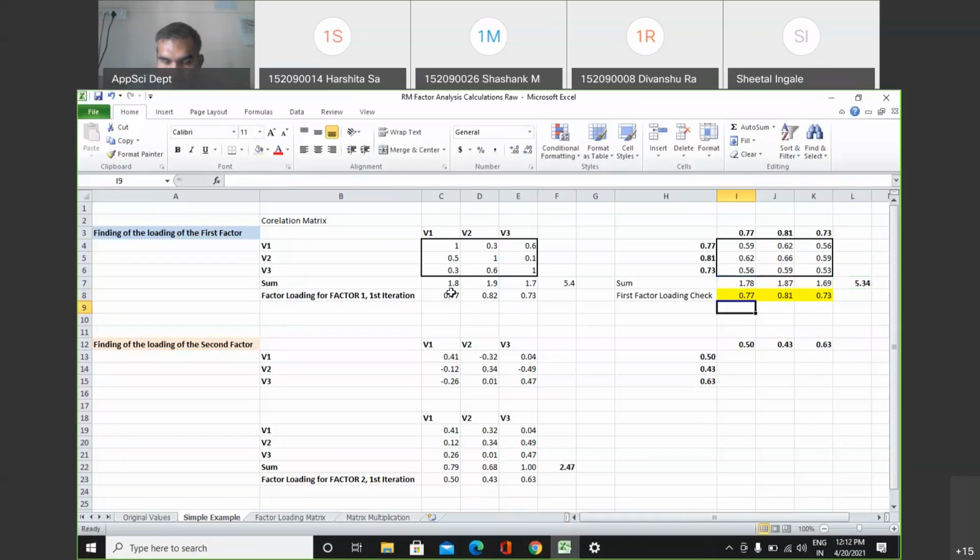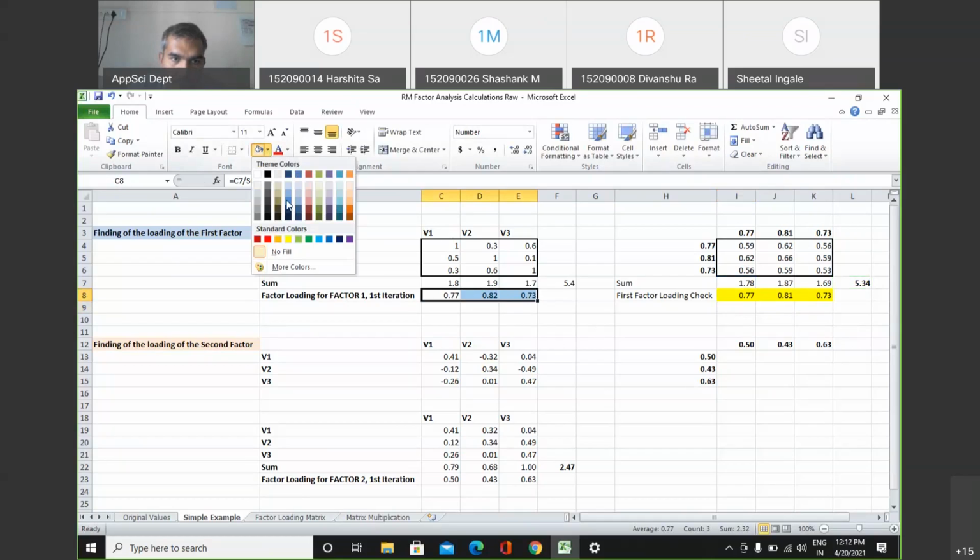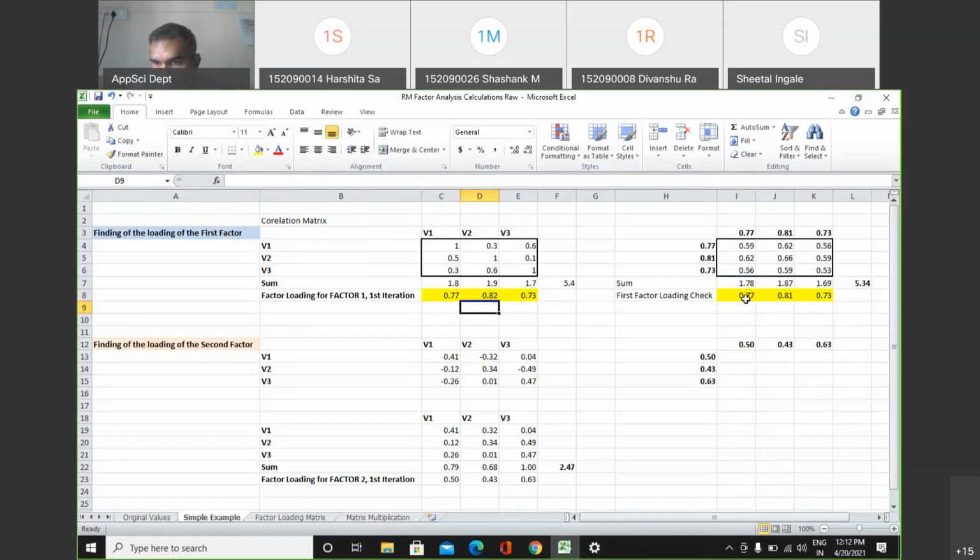So here we can see these values and the values here match. Then we say that we have got a factor loading for one factor. Otherwise, we repeat the process till we get the same values in these two.